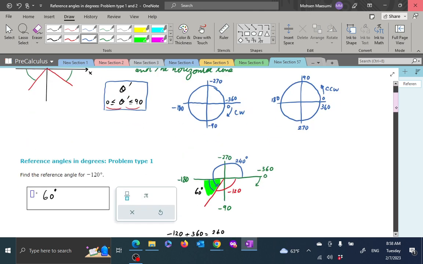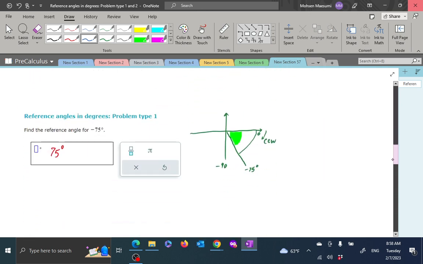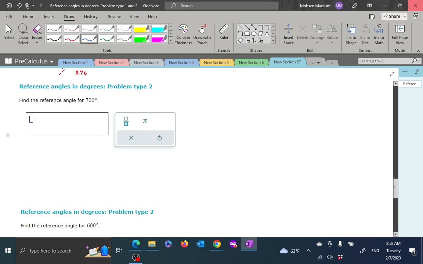What if our angle is past 360? Like, excuse me here, 700 degrees. Where is 700 degrees? So this is a little bit overboard. Meaning, well, I go 0, 90, 180, 270, 360. I still haven't hit 700, so I've gone one whole circle.